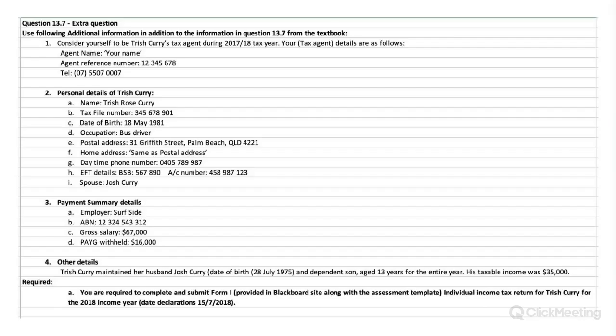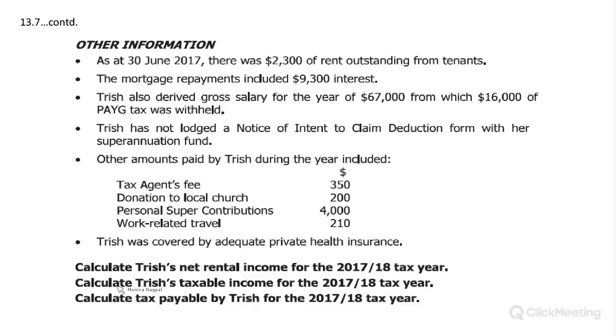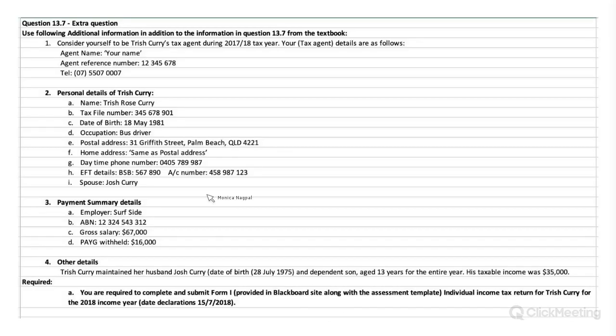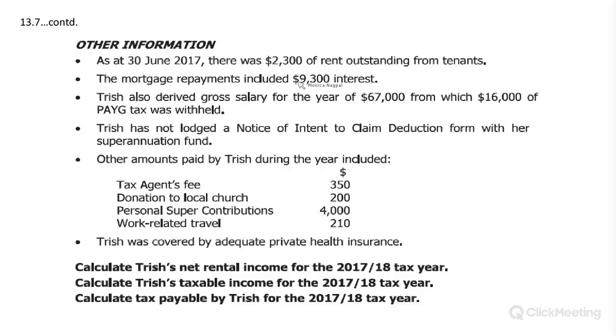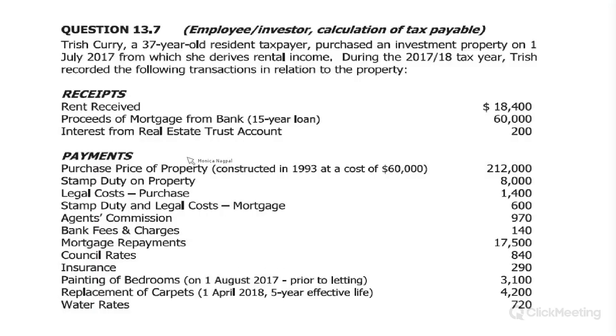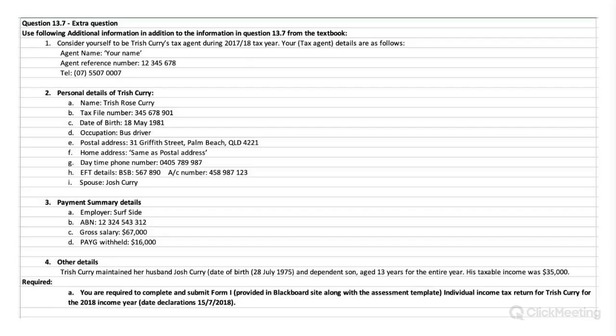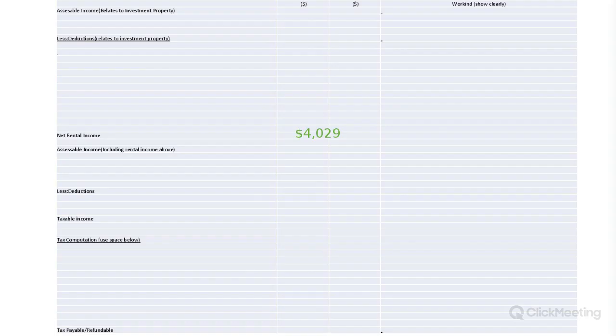Once that is done, the second part of the question is to calculate the taxable income. That means you will need to take into account what Trish has earned as part of gross salary, any other income that she might have received, and the rental income that I've just given you, this net rental income.